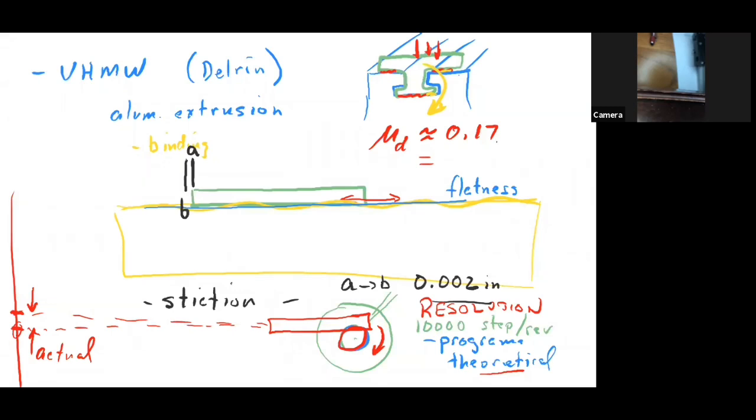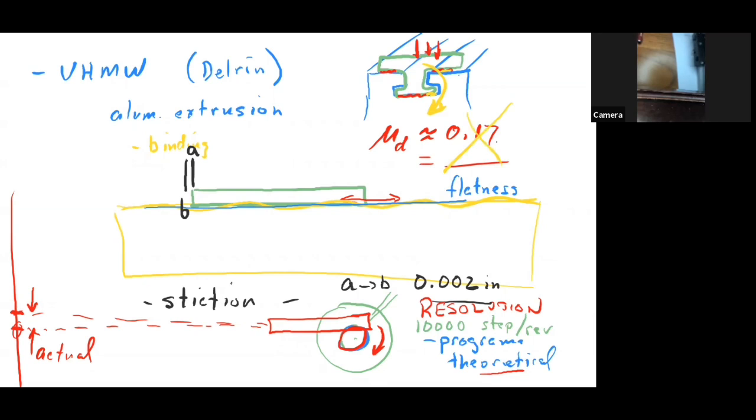So pretty much the sliding friction of this value, 0.17, nah, that's bad. We don't use that much. Oops, somehow I erased it, which I'm just gonna go, that's bad. That's terrible.